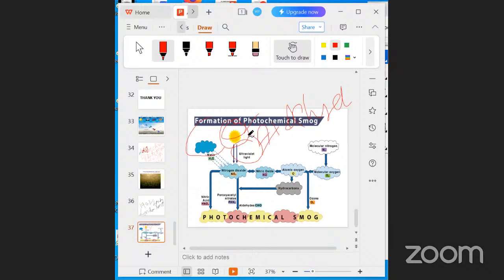The combination of all these chemicals causes the formation of photochemical smog.